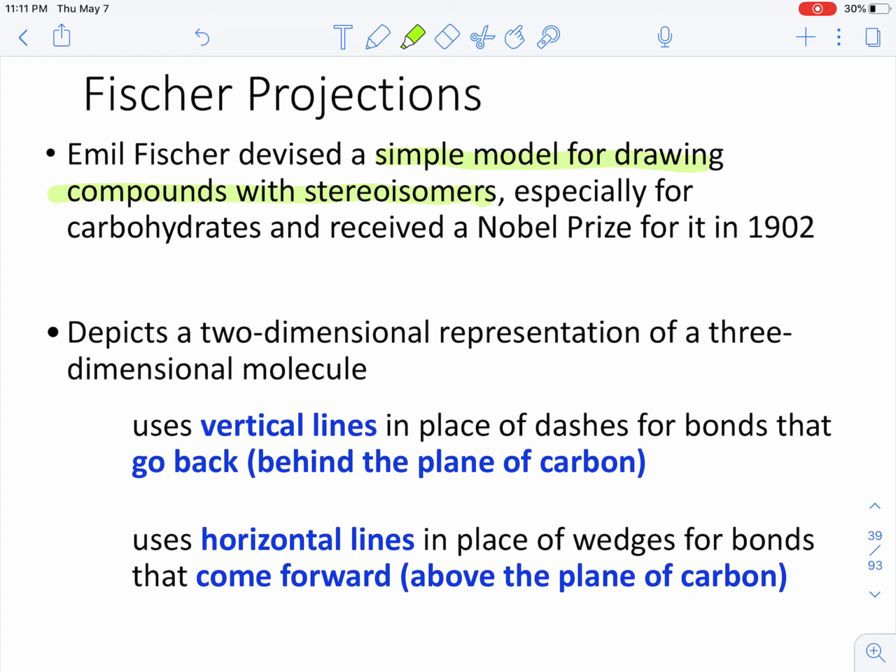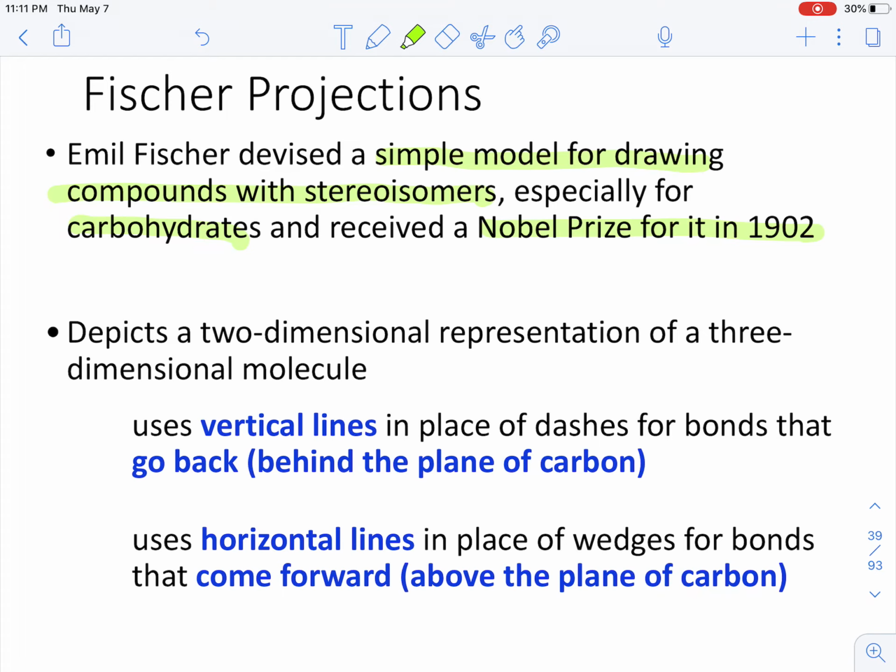He did it specifically for carbohydrates. Because of his accuracy in predicting the stereoisomers of carbohydrates through his drawings, he was able to get a Nobel Prize for it in 1902.